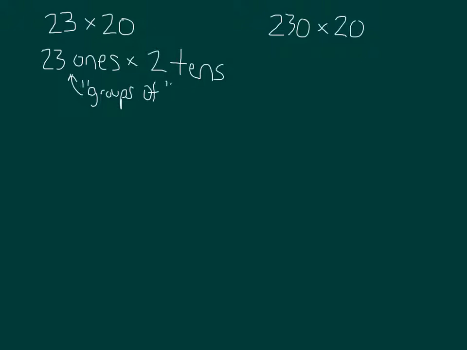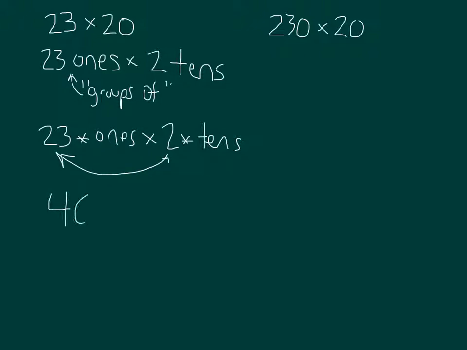So really what I have is 23 groups of ones times 2 groups of tens, and my commutative property tells me I can regroup these sort of things, so I could actually just do 23 times 2 and get 46, and ones times tens, that's tens, or an answer of 460.